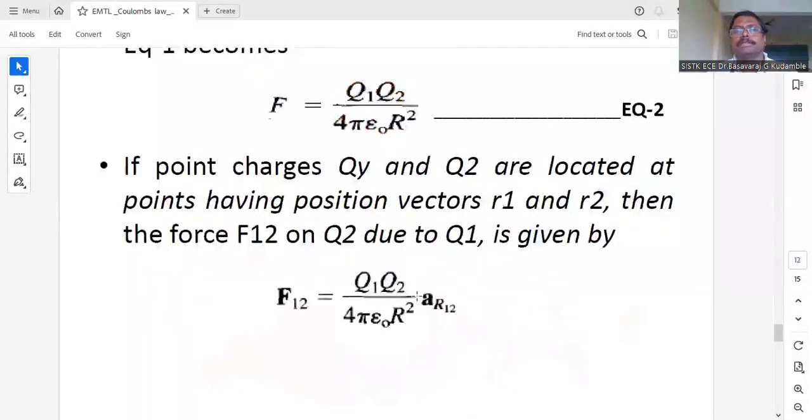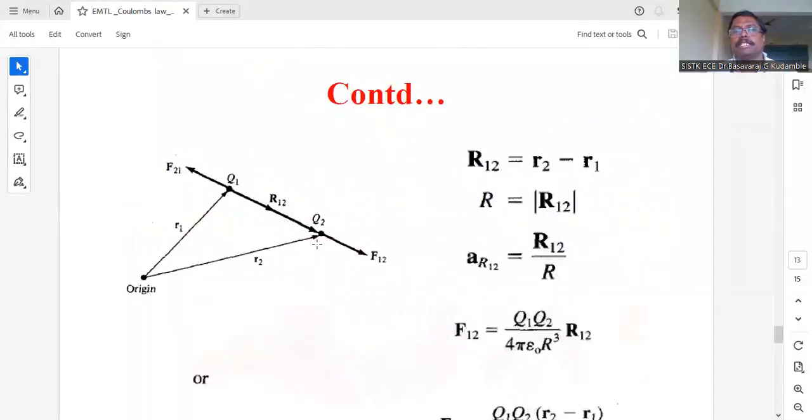Now let us see it with magnitude and direction. Here Q1 and Q2 are placed at vector distances from the origin. Q1 is at R1 and Q2 is at R2 from the origin. So the vector distance R12 can be calculated as R2 minus R1. The magnitude is represented by R12 with double bars, which gives only the magnitude.